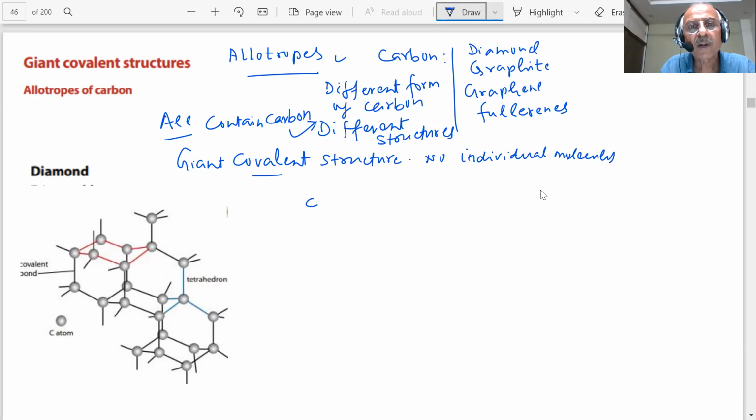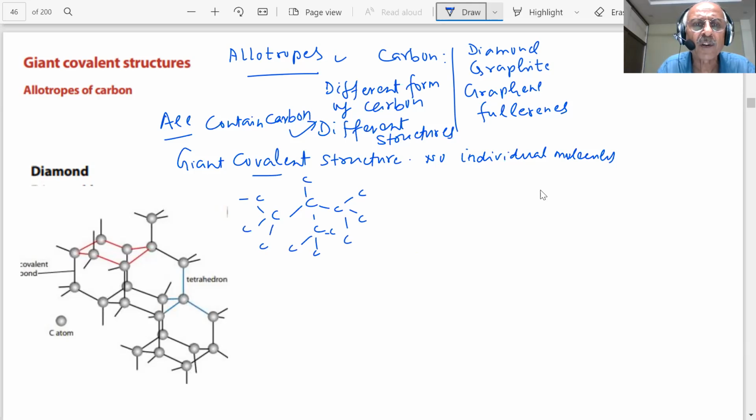Look, this is carbon. How many bonds does carbon form? Four. Can you see four bonds? Tetrahedral. Further, each carbon will form four bonds, and then again this carbon will also form four bonds. Tetrahedral.